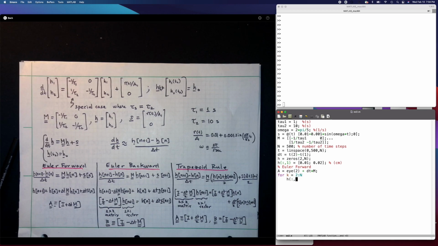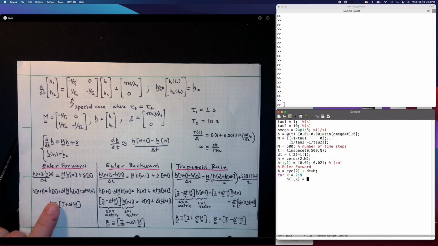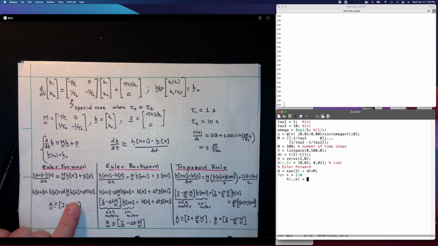h colon, that's time step k, is, for the Euler forward, I have the scheme over here. It's just A times h plus delta t times s. So A times h at time step k minus 1, the value of the state of the previous time step, plus dt times s.